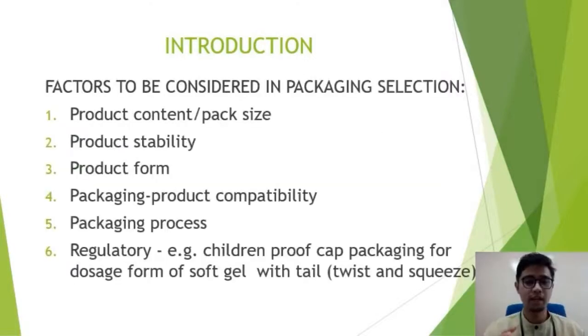In this slide, I outline all the factors to be considered in packaging selection. Packaging selection has to consider the product content or pack size. If the pack size is 90 tablets or 90 capsules, the packaging has to have a suitable size to contain all 90 tablets or capsules. The second is product stability.